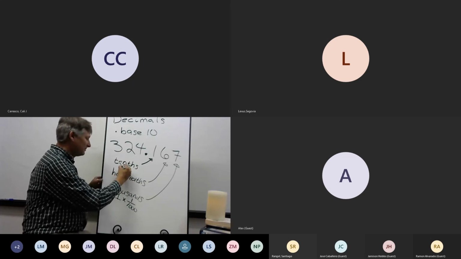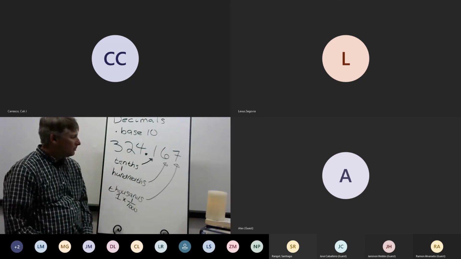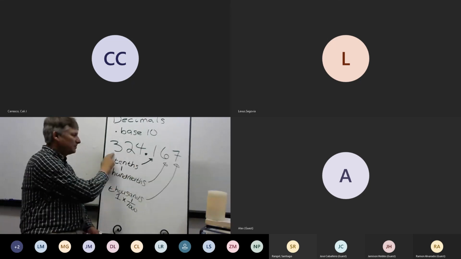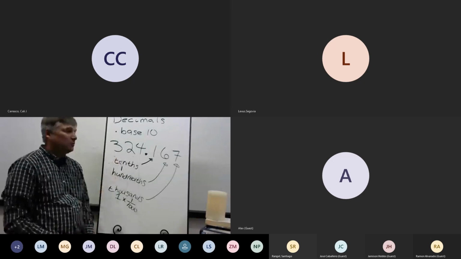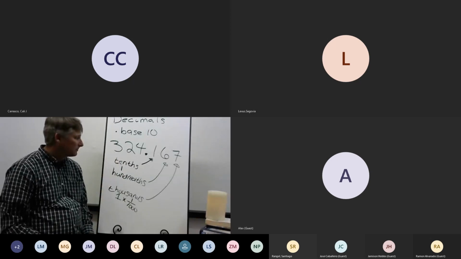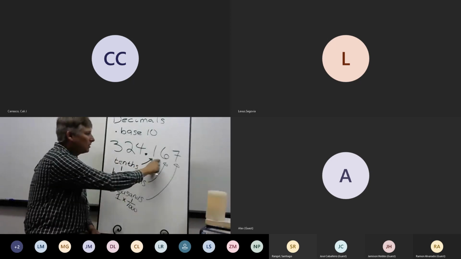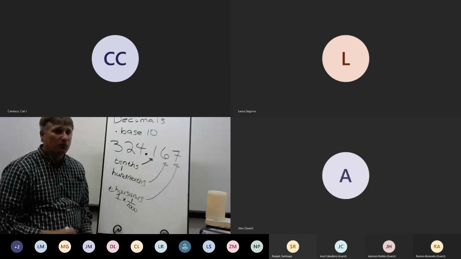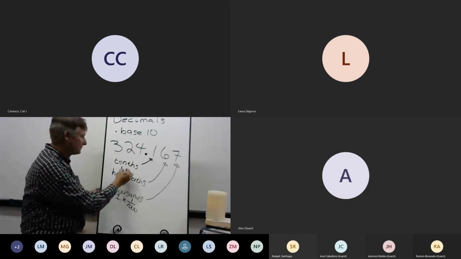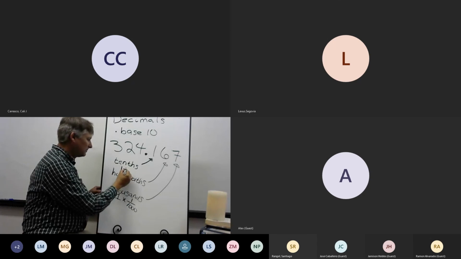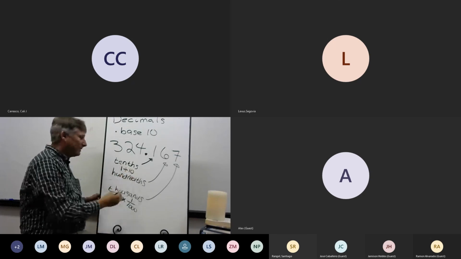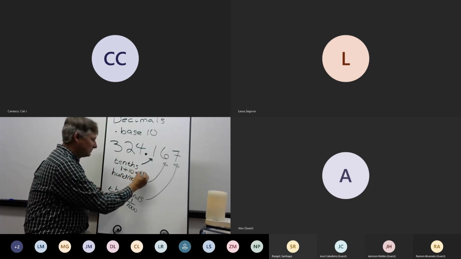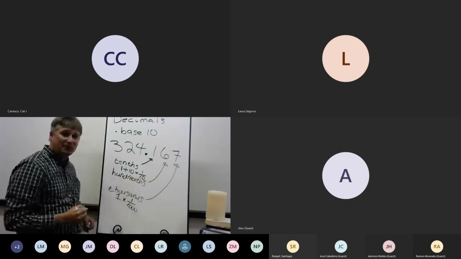So for a tenth, what we did to the left of the decimal is we multiplied by 10. To move along the right side of the decimal, we're not going to multiply. We divide by 10. And that gives us a tenth.